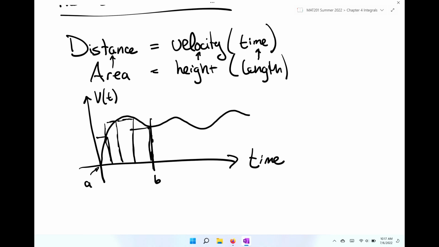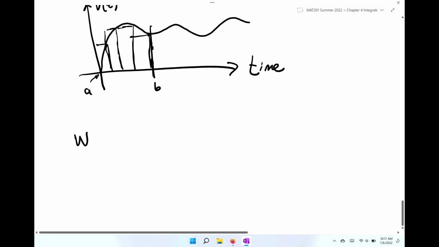All right? Another application for this is work. Work is defined as force multiplied by distance.